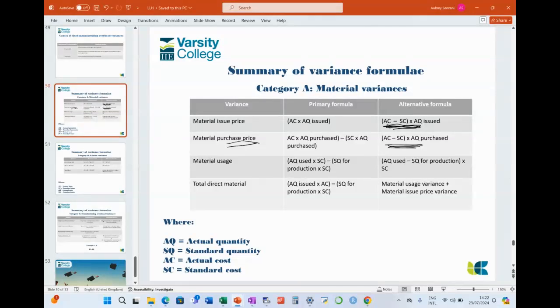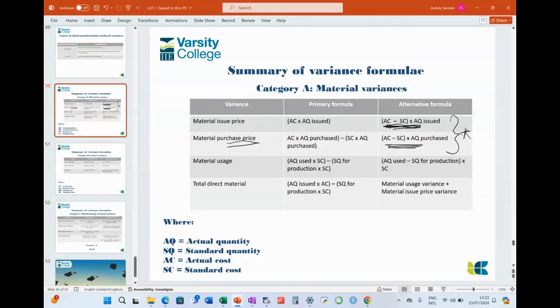But again, a quick and easy way could be, this is the same formula. We're just talking about different contexts. We're assessing something different. One, how much did we use? The other, how much did we purchase from our creditors or suppliers? Then obviously there's your material usage.